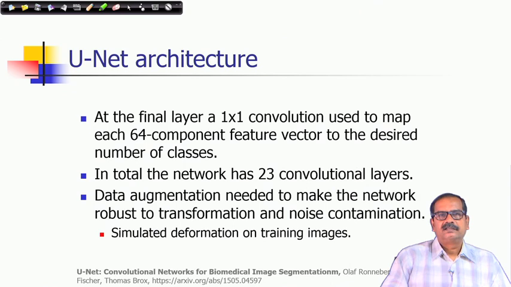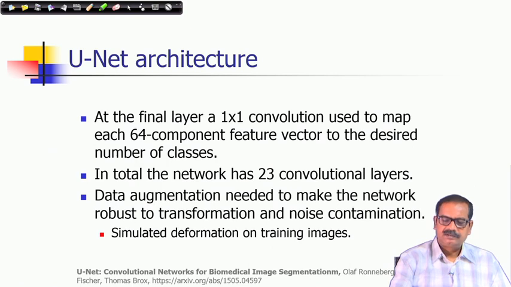In total there are 23 convolutional layers. In this particular work it is applied for medical image segmentation or segmentation of microscopic images, and data augmentation is used to increase the data pool. For example, they have used simulated deformations on training images.